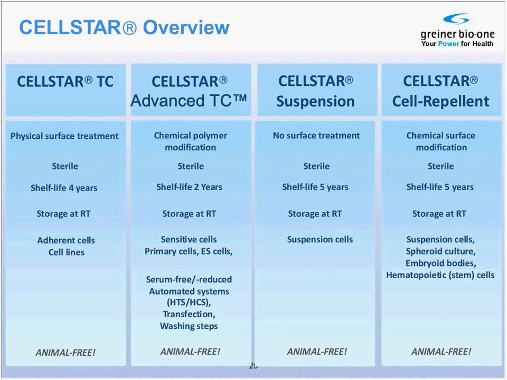We have an advanced TC surface that is a polymer modification and can be used especially for sensitive cells or primary cells, as well as if you have a lot of washing steps in your assay or experiment that could drive the cells off the surface. We have a standard suspension surface that is very good for suspension cells in general, and we also have a special surface called Serum-free, a low attachment surface which is very good for spheroids or embryoid bodies, for example.